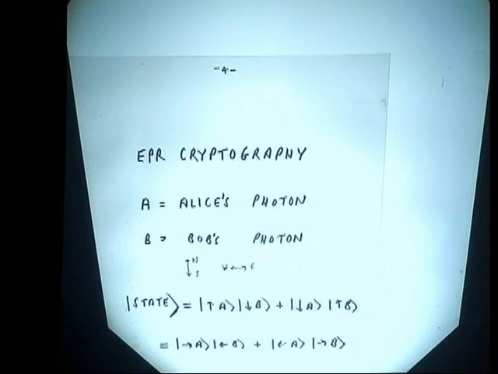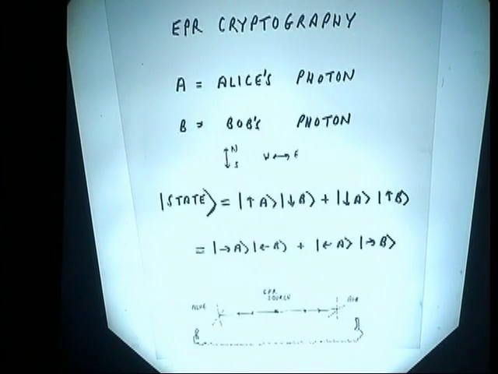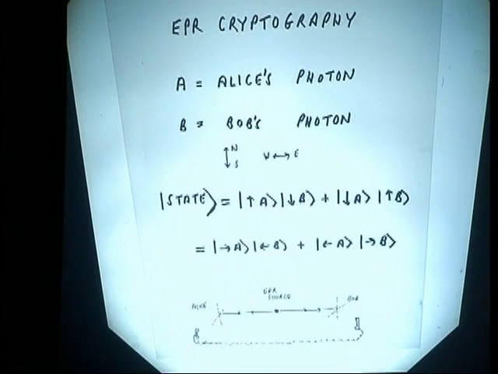Consider two observers, Alice and Bob. In between, or for that matter in Alice's laboratory, there is an emitter of EPR entangled photon pairs. So we have a source here, one member of the pair going to Alice and one member going to Bob.